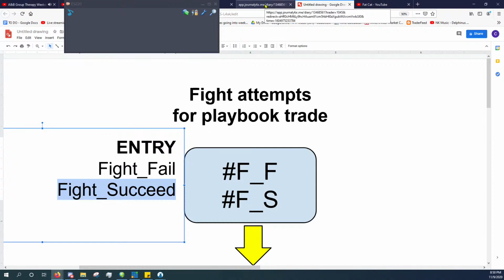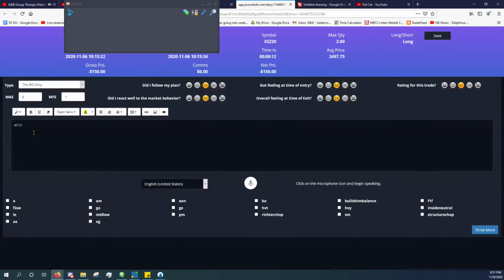I consider a break even a success because 1 tick of loss is worth about 3.5 break evens in commissions. So you can take about 3.5 break evens before it equals 1 tick of loss. That's why break evens to me are a success. So I fought it and it was a failure. Okay.